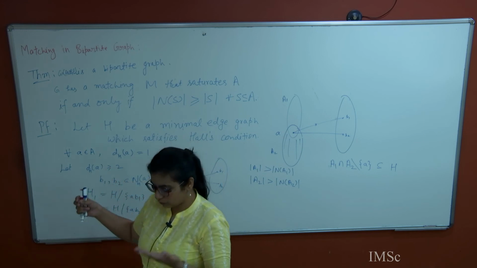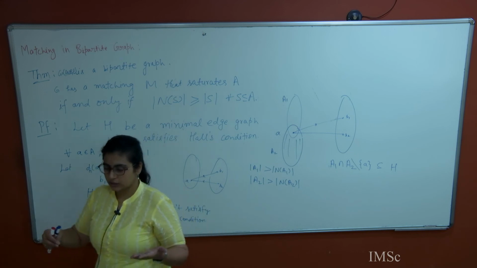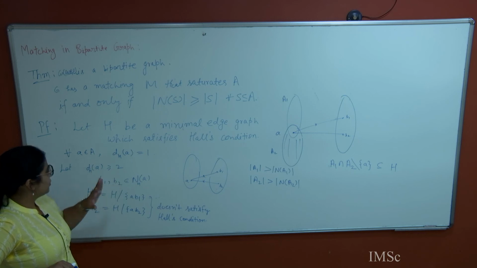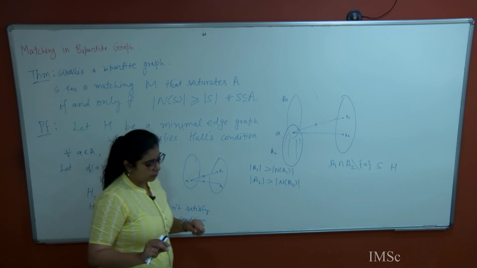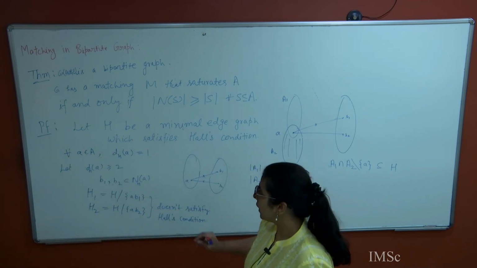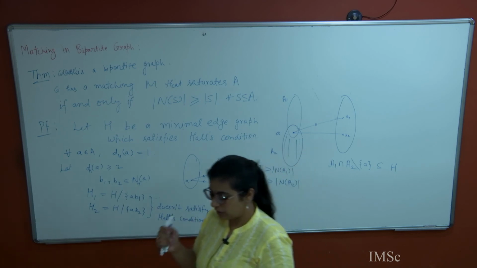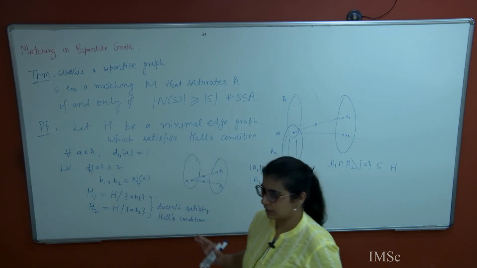What I want to show is that I have started with some H which is a minimal edge graph which satisfies Hall's condition.